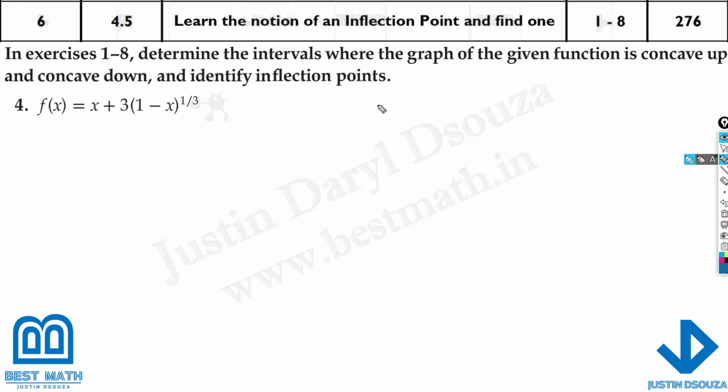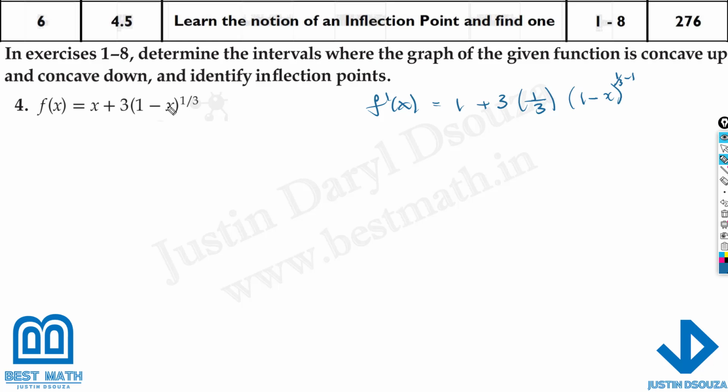What happens over here? When you first derive it, it's going to be 1 plus. Now here, 3 is a coefficient number. That is fine. But this is the power rule. So it'll be multiplied by 1/3. This power comes down. And then we have 1 minus x, the whole power, 1/3 minus 1. And then we have to solve this up.